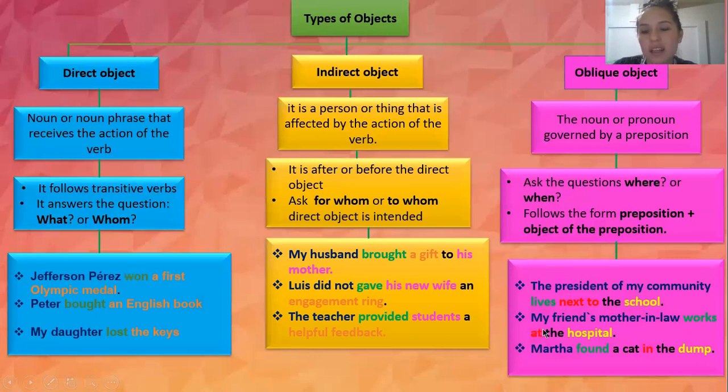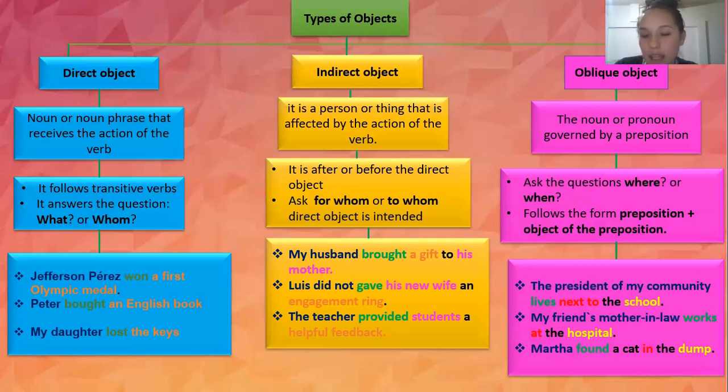So let's ask ourselves the question: what is the noun or pronoun that comes after? Obviously, here we have hospital. So this noun, hospital, is what we call the oblique object.